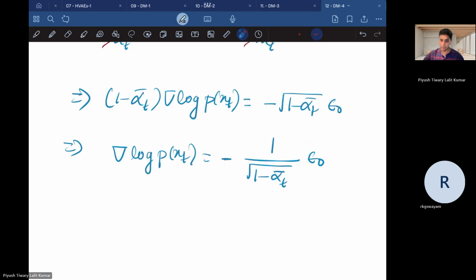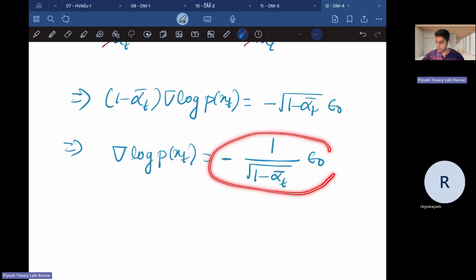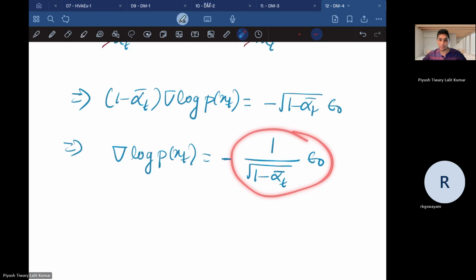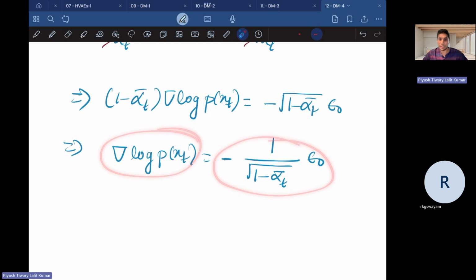So the score, or the direction in which you have to move in order to maximize your log likelihood, is equivalent to denoising your corrupt data xt by removing some noise, or a scaled version of that noise. This is quite cool, right? The score function is related to the denoising itself. Intuitively, since the source noise is added to your natural image x naught to corrupt it, moving in its opposite direction, because of this negative sign, denoises the image.